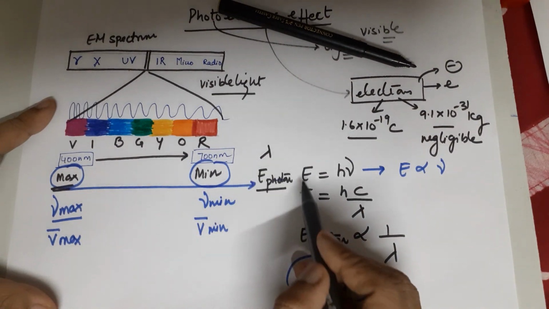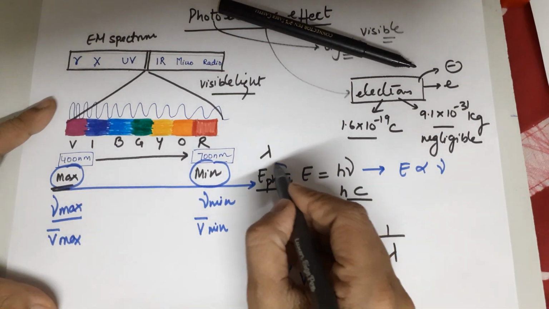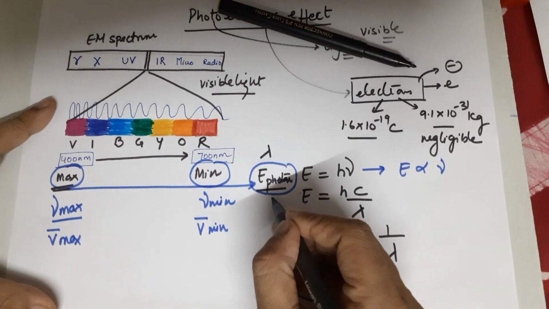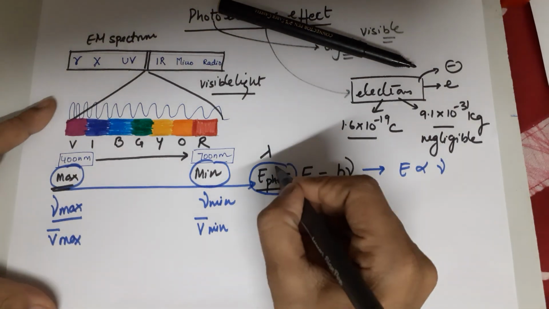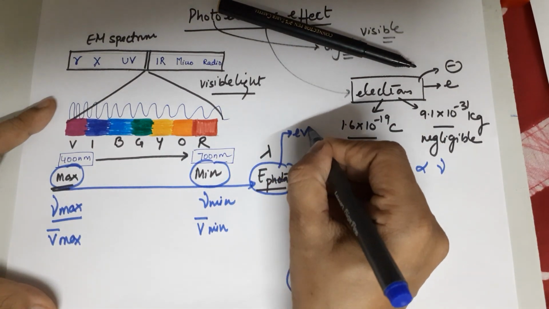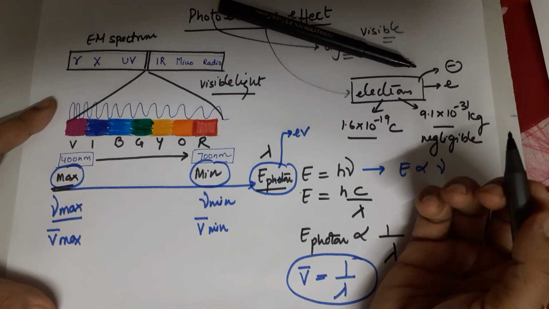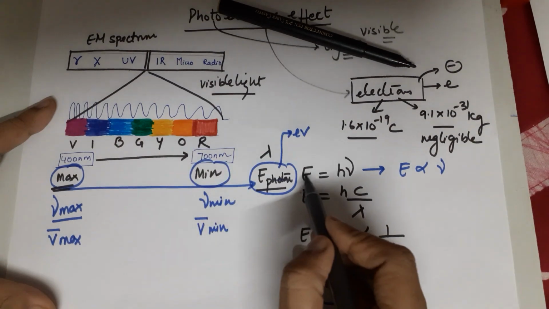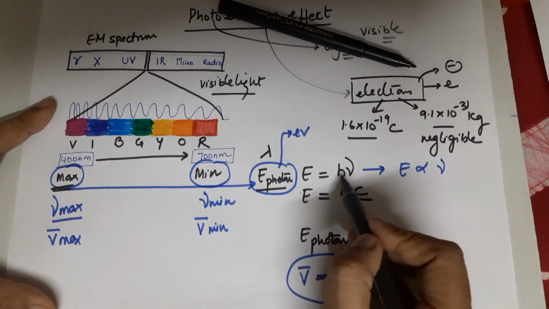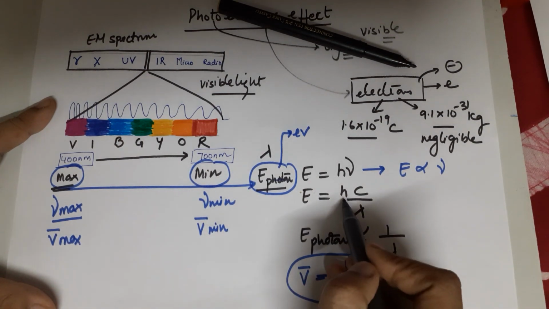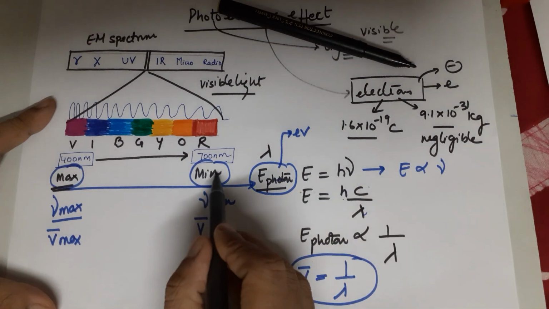Now, let's talk about energy of the photon. When we talk about energy of the photon, we represent this energy of a photon in terms of units called as EV, which is electron volt. So, when I am going to talk about the energy of each photon, I can calculate. कैसे? E is equal to h into mu. E is equal to hc by lambda. Lambda के values I have.